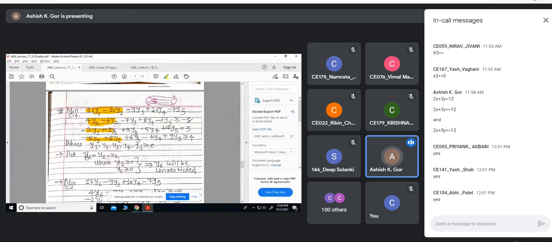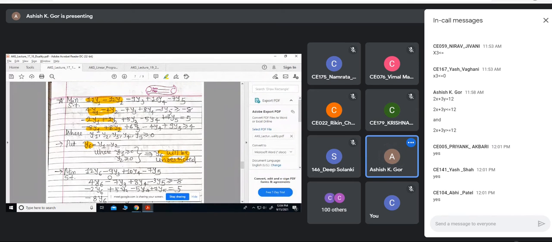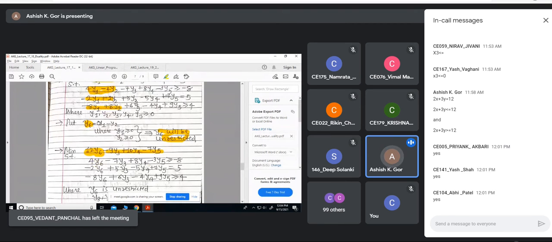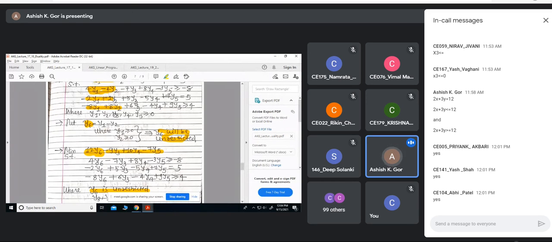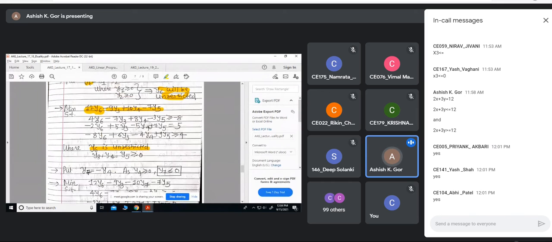Since I am writing it as a subtraction of two non-negative numbers, that new number is unrestricted. So y6 will be unrestricted. I replace y1 minus y2 with y6. So it will be 12y6 minus 9y3. The rest of the things are the same. The difference is that y1 and y2 will vanish, y6 is unrestricted, and everywhere I just reflected the change. The other variables y3, y4, y5 are still greater than or equal to 0.